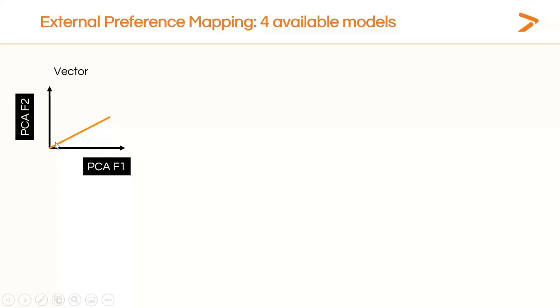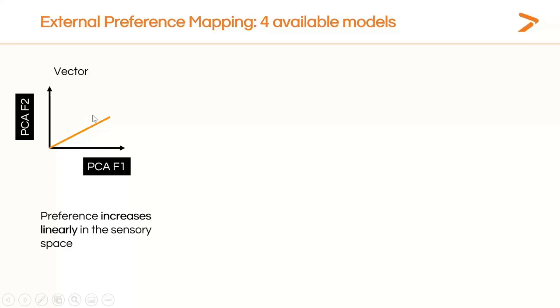And this line corresponds to one consumer. It means that preference increases linearly in the sensory space. So in the sensory space, the preference of this consumer increases in this direction. Imagine there's an attribute which goes in this direction, for instance, the crispy attribute.